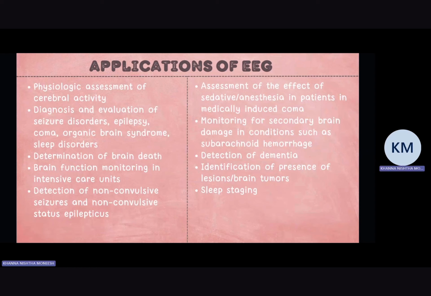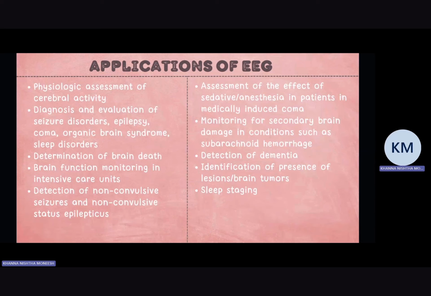The applications of EEG encompass a wide range of neurological assessment and diagnostic capabilities. These include the physiological assessment of cerebral activity, aiding in the diagnosis and evaluation of various conditions such as epilepsy, coma, organic brain syndrome, sleep disorders, and dementia.